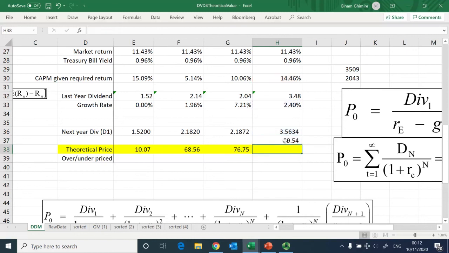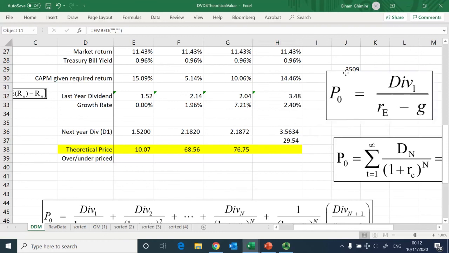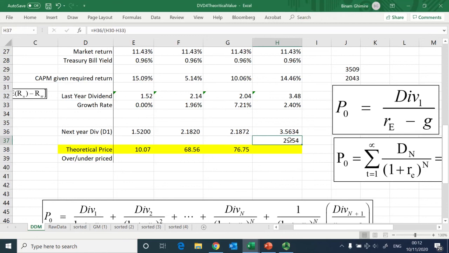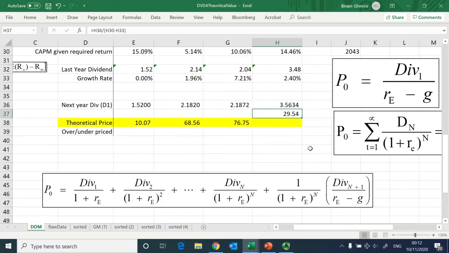So this then basically means this is giving us the P0 given by this formula. Now this one needs to be discounted by this. So therefore what you need to do is equal this times 1 divided by 1 plus again rate, which is 14.46 power. Now the time period here 29.54 is what you have done.